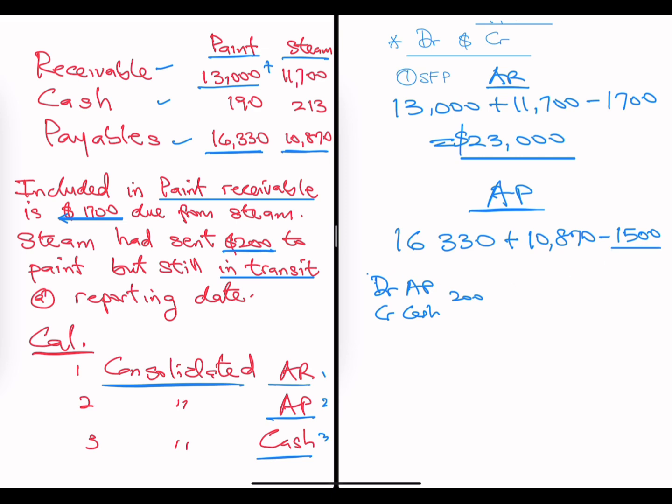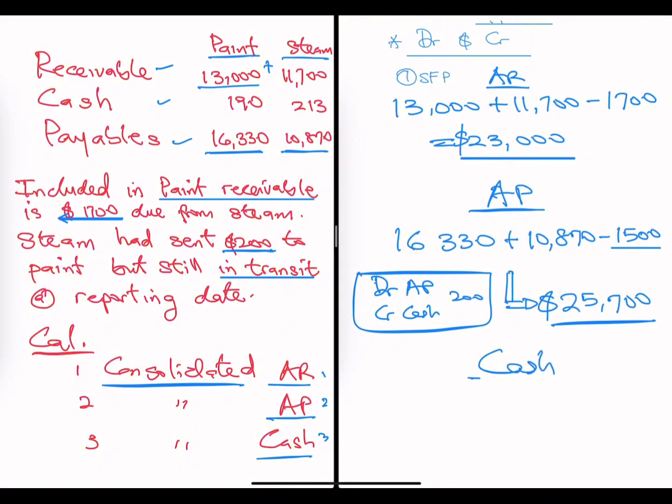So that is why the account payable balance will be equal to 16,330 plus 10,870 minus 1,500, and that will give us 25,700. That is the group account payable. Now remember cash, group cash.